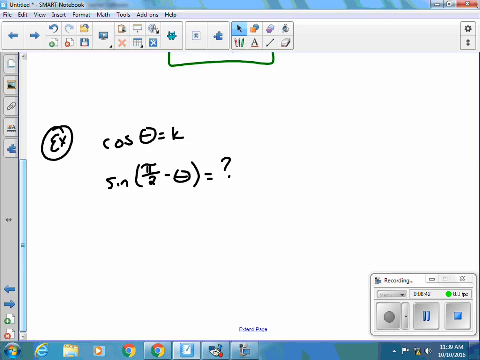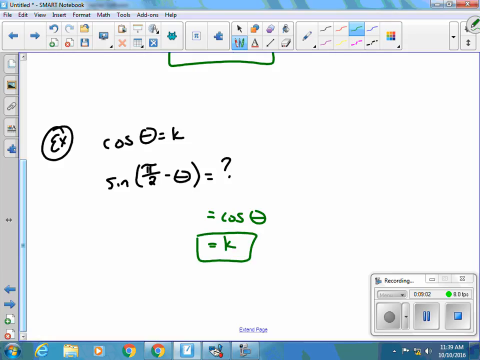This is the complements because I've got that pi over 2. And I know based on my complements that the sine of pi over 2 minus theta in any instance is going to be cosine of theta. Well, what was my cosine of theta? My cosine of theta was just k. So that's all I need to do. They will give you some initial trig value, whether it's a k or a specific number, and you can use your theorems in order to simplify it.